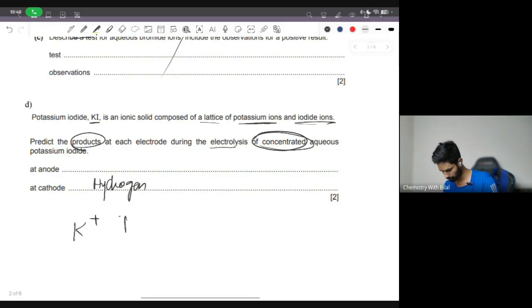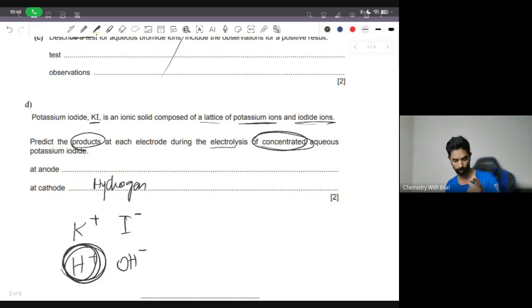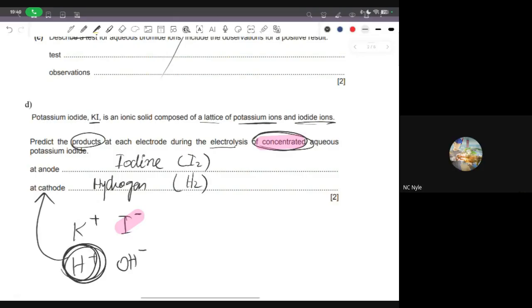It will produce potassium ions, iodide ions, H ions and OH ions. So no matter what, ये तो जाएगा ही जाएगा एक्सेप्ट के कॉपर से मुकाबला हो, और ये जाएगा कैथोड पे हाइड्रोजन बनाएगा. अब since this is concentrated, तो concentrated में who will win the race? It is iodide ion to give you iodine. So you will get I2 and you will get H2. भाई सबको समझ आ गई मेरी बात? Yes, sir.